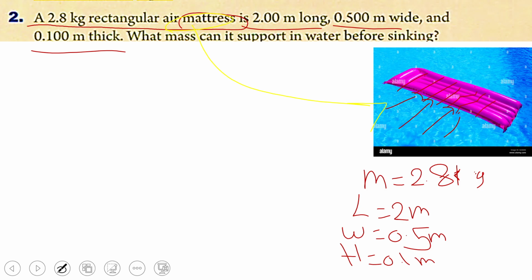But I forgot something. Wait, let me tell you something. Before the air mattress goes under the water, the original mass of the air mattress is 2.8. This is the original mass of the air mattress, 2.8. But when the air mattress goes under the water, some of the water goes inside the air mattress, so the mass becomes larger because it receives some mass.